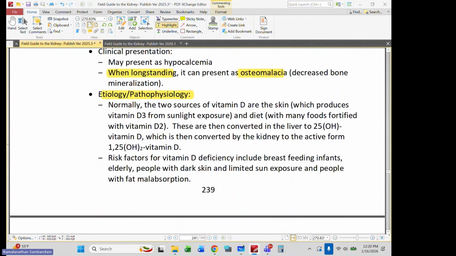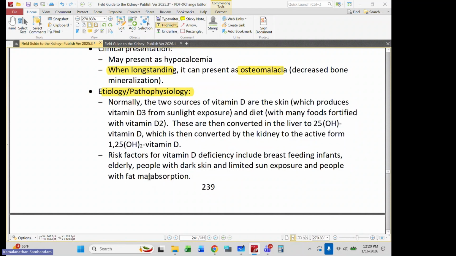Okay. I don't think we need to talk much about pathophysiology because we've gone through the biologic pathway of vitamin D just recently. I guess there are several risk factors that can be associated with vitamin D deficiency, including breastfeeding infants, right, who are not getting the benefits of vitamin D supplementation that is pretty routine in formula as well as cow milk, right?